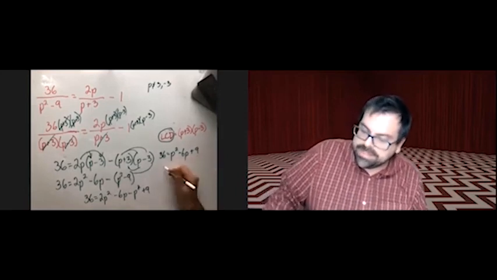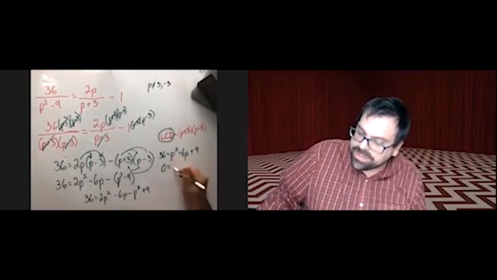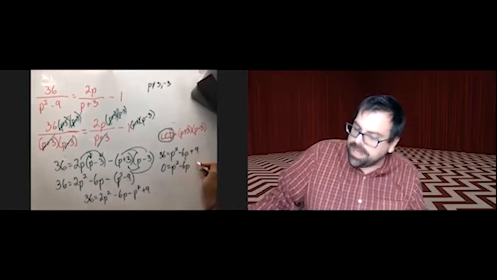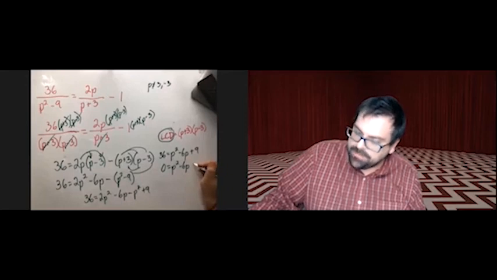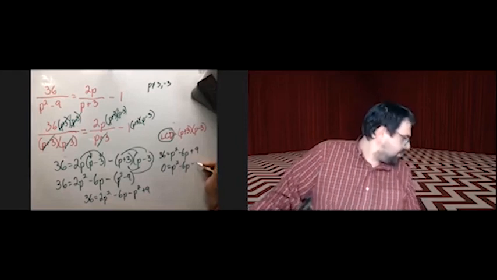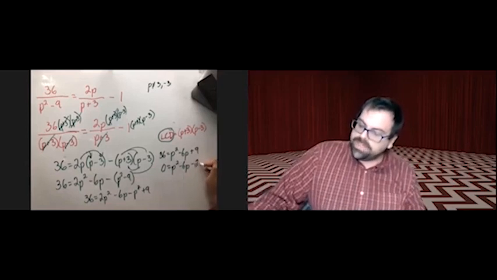Everything on one side, 0 on the other. So subtract 36. 9 minus 36 is the opposite of 36 minus 9, so we end up at negative 27.